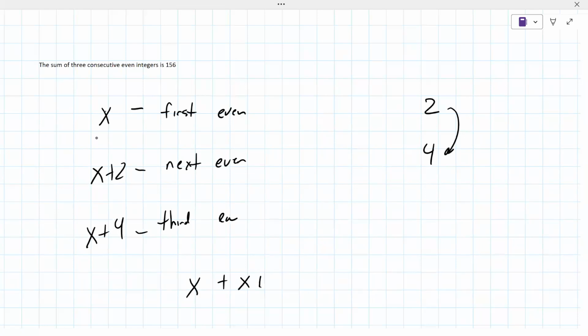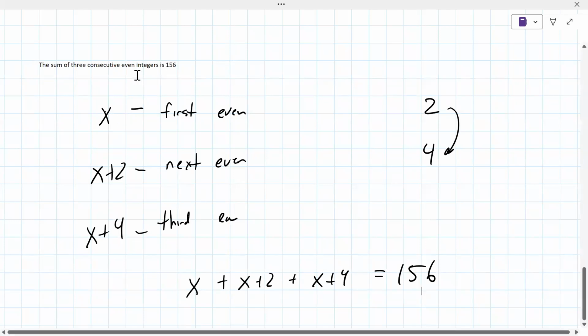So x plus x plus 2 plus x plus 4 equals 156. Okay. Why don't you try solving this for us, please?